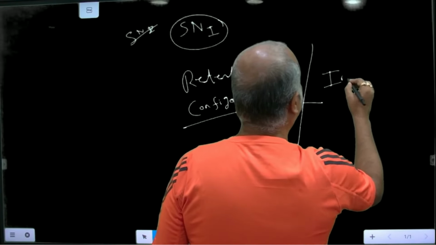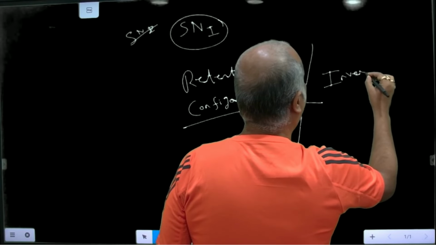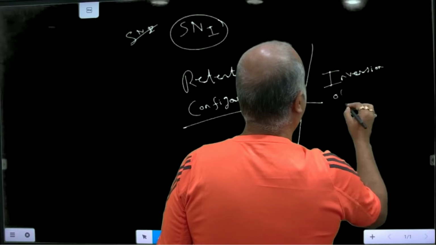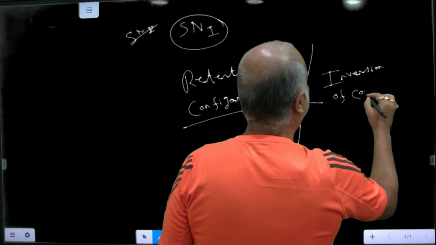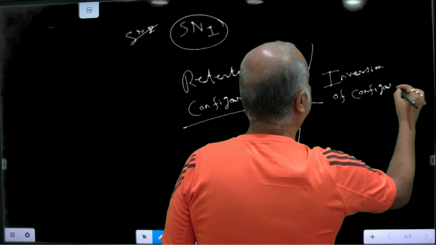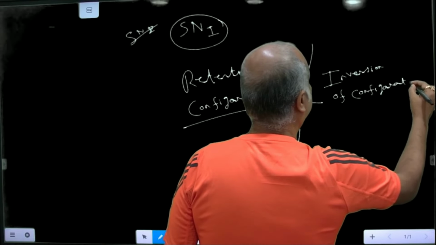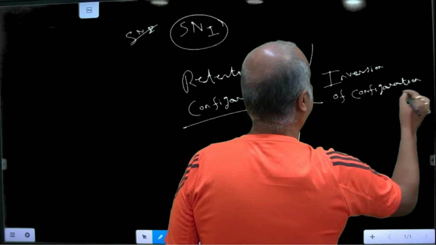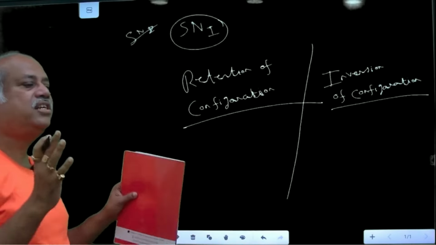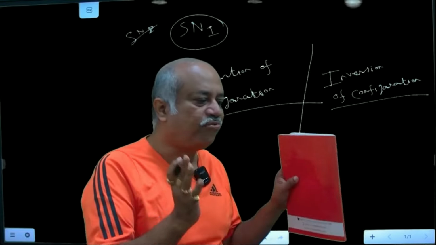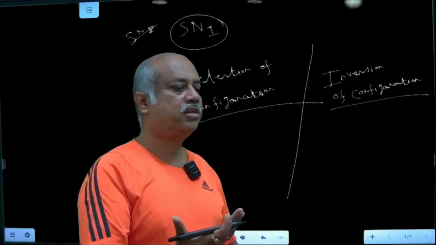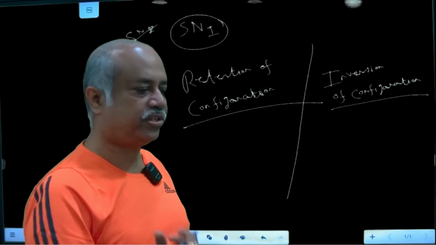Inversion of configuration. There are 2 parts. Retention means the configuration is retained. Inversion means the configuration is opposed.